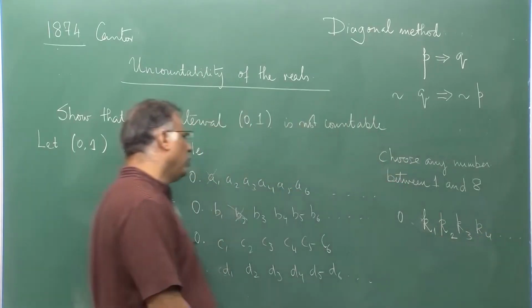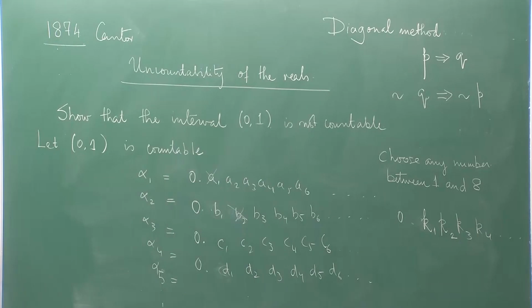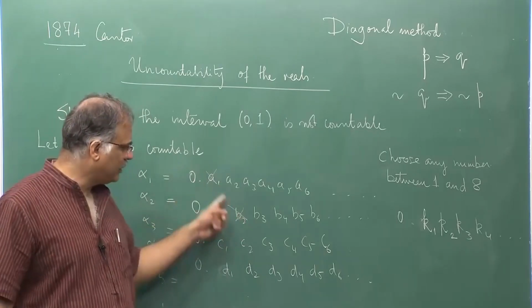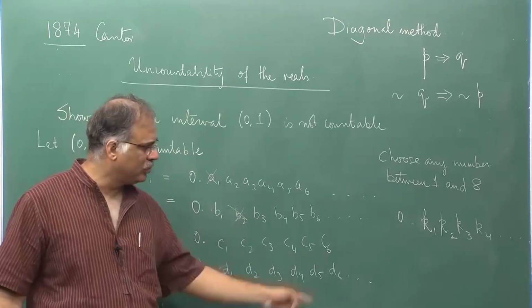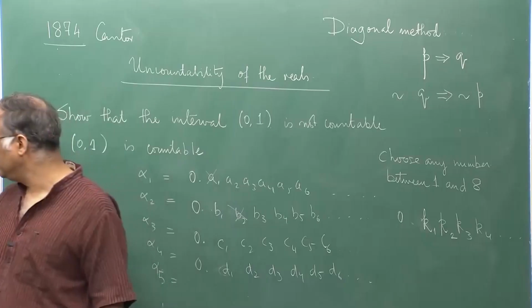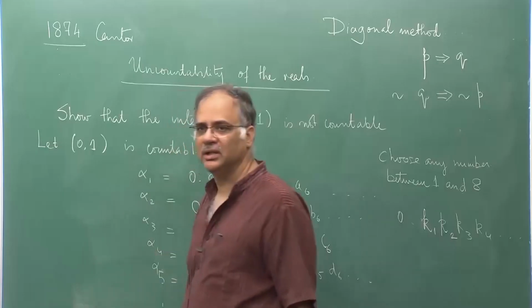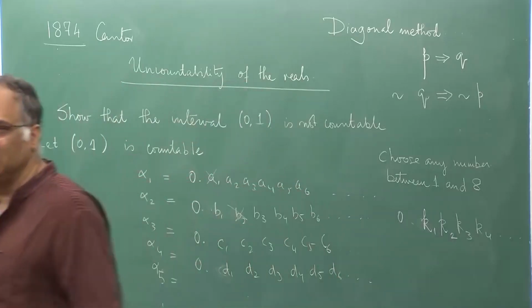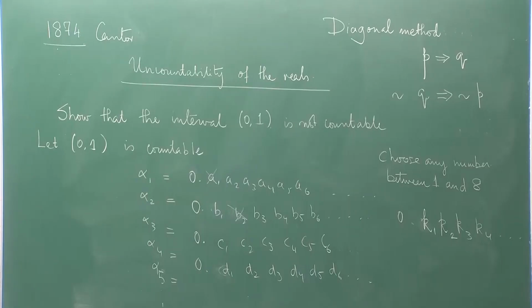Now you might ask, why are you asking me to choose between 1 and 8? Why not 0 and 9? Suppose you take 0, and you put 0, 0, 0, 0, then you will get 0, and 0 is not in that set. So basically you can't say anything. 0 doesn't belong to that set.